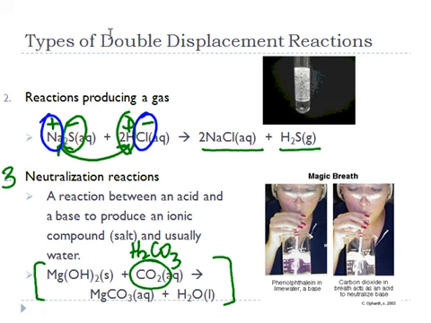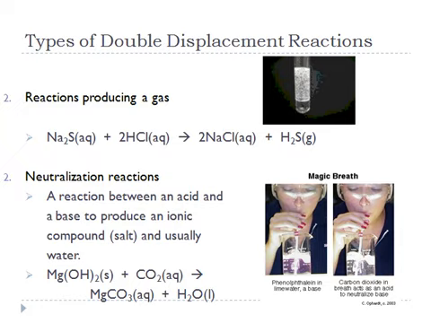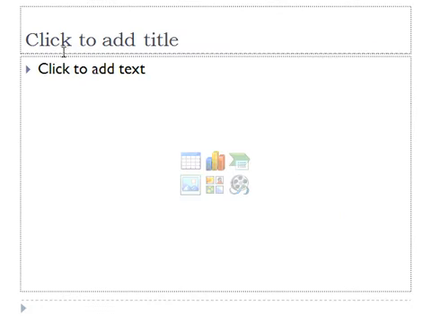A more simple reaction I will show you. So that's sort of a more complicated one that I wanted to show you, but I'm going to show you an easier one. So here's another example. An easier one would be something like, here's an acid, sulfuric acid, and let's do lithium hydroxide.